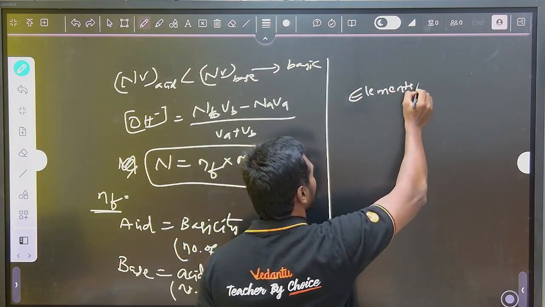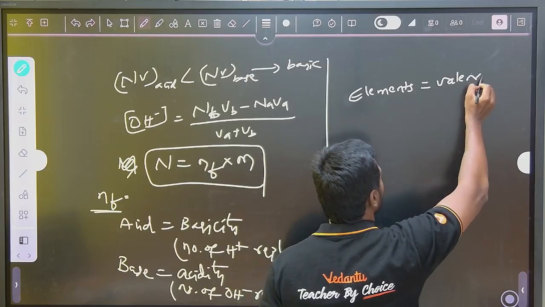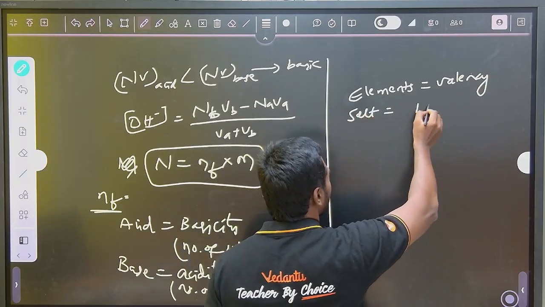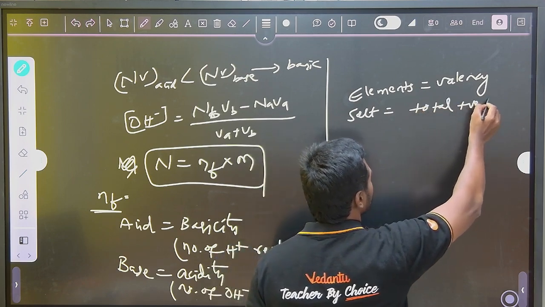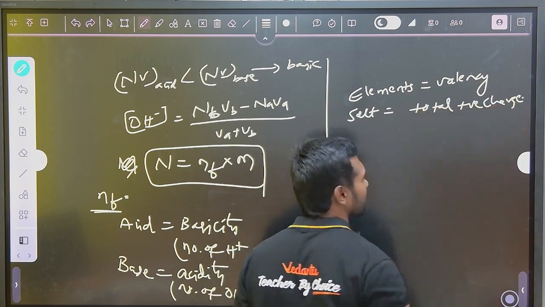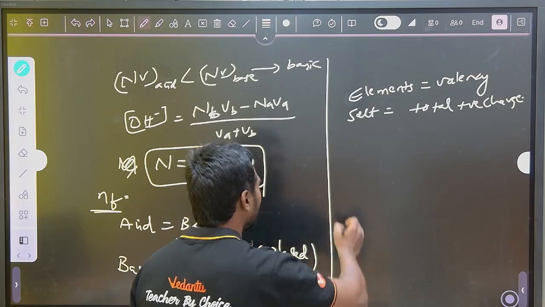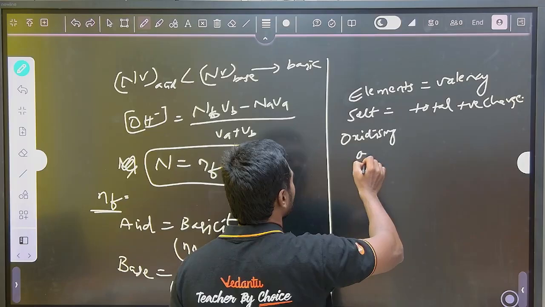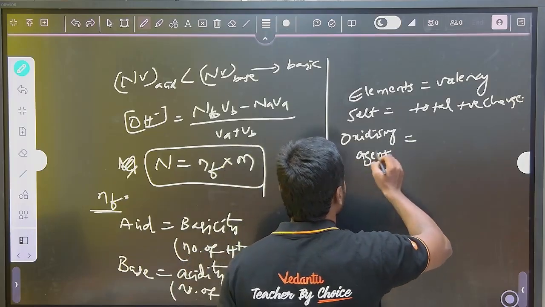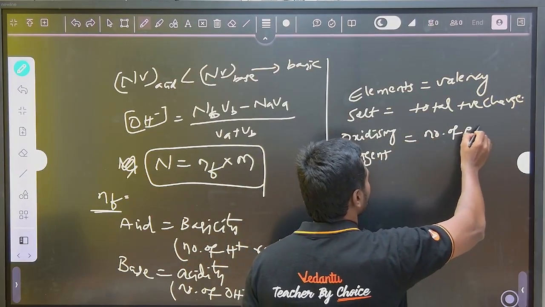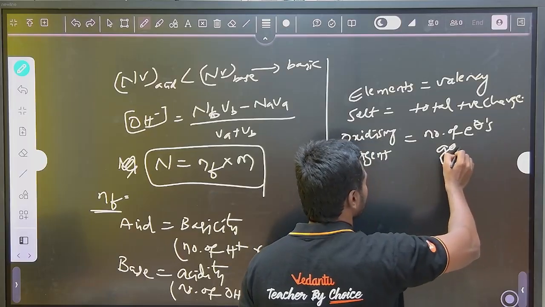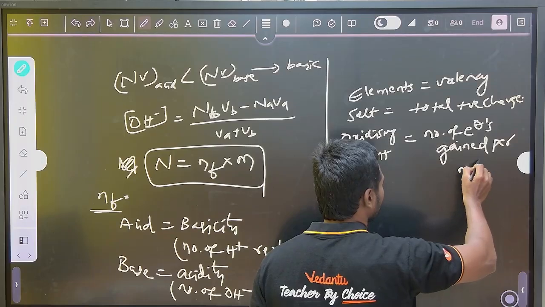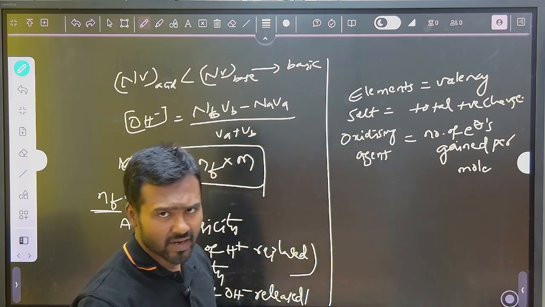And for elements, the n factor is equal to valency. And for a salt, it is the total positive charge. And for an oxidizing agent, it is the number of electrons gained per mole.